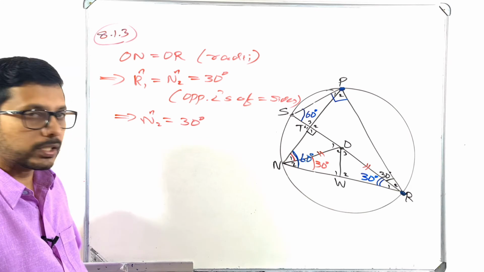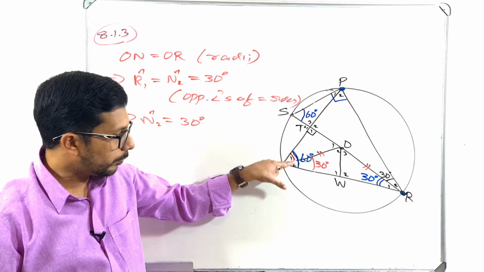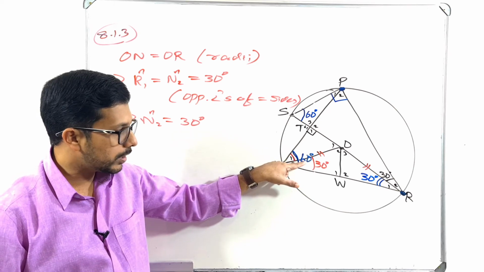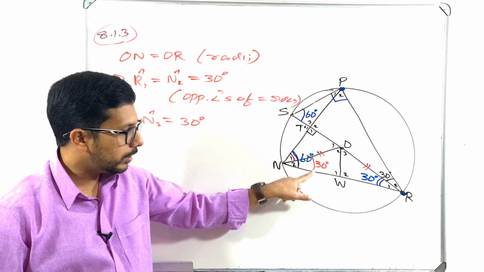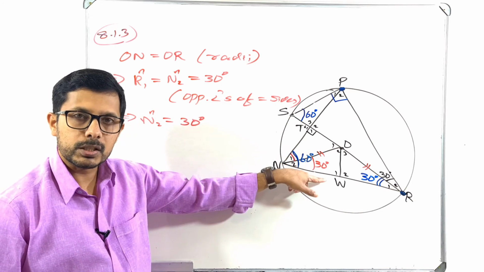So what is our question? We have to find angle N1. N1 plus N2 is 60 degrees, and now we know that N2 is 30 degrees. So what is N1? 60 minus 30. Am I right?